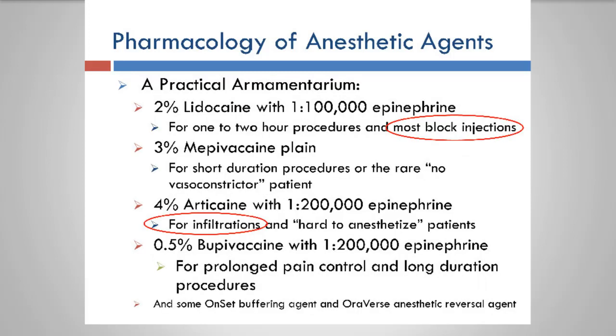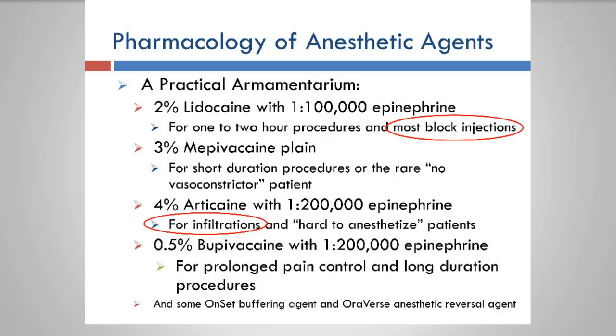So my basic armamentarium, very simply: 2% lidocaine with 1 to 100,000 epinephrine is still one of my main workhorses for local anesthesia. I use this for most of my block injections, not all of them, but most of them. I use some bupivacaine plain. This is for the very short duration, single tooth restorative procedures, or root planing a deep pocket, anything like that.